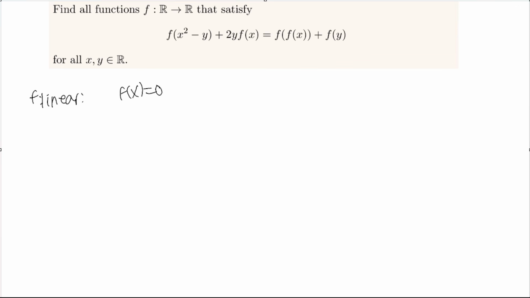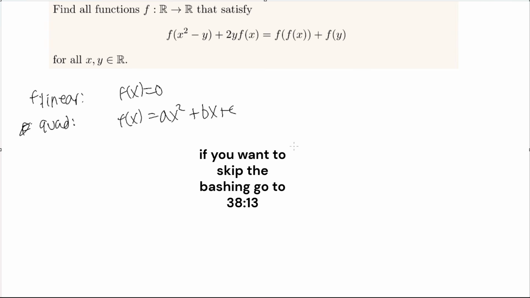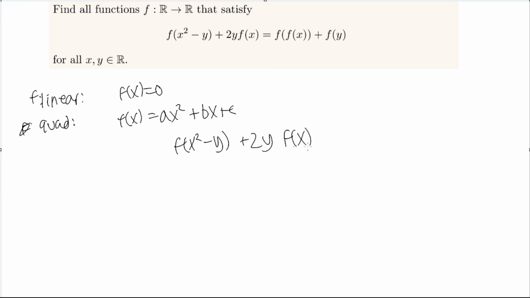So what could it be if it's not linear? Well, because it's not linear, let's go ahead and take a step up and look at quadratic. So suppose that we have f of x is equal to ax squared plus bx plus c. And we plug this into our equation. Then we get that this left-hand side is f of x squared minus y plus 2y f of x.